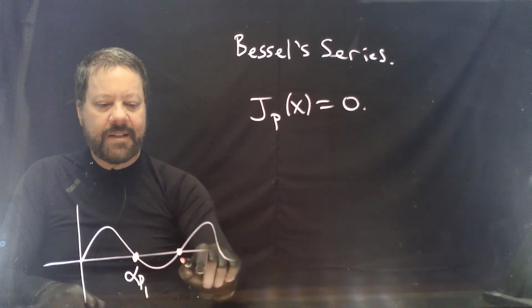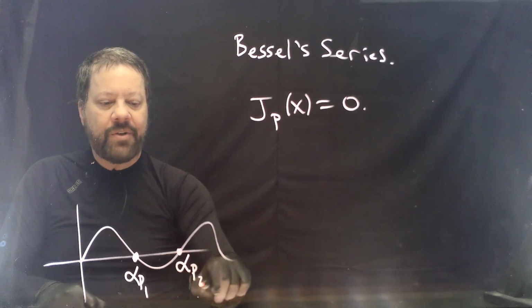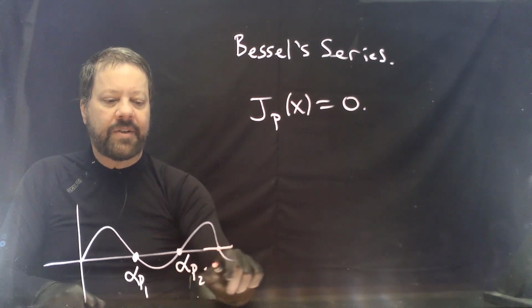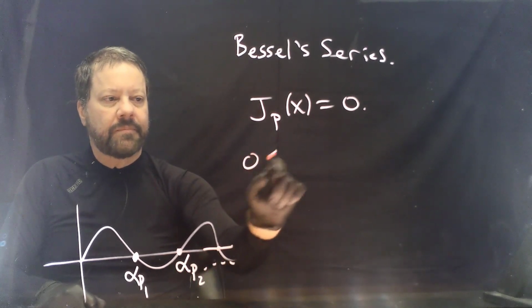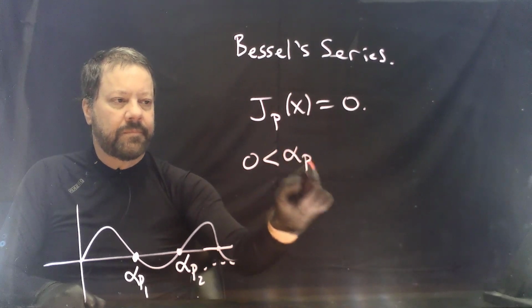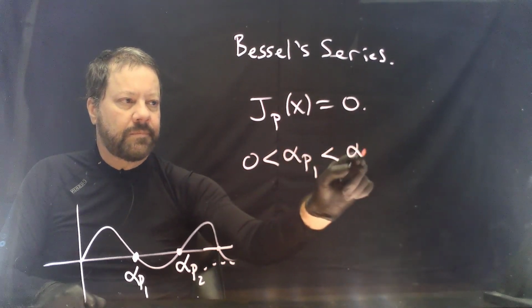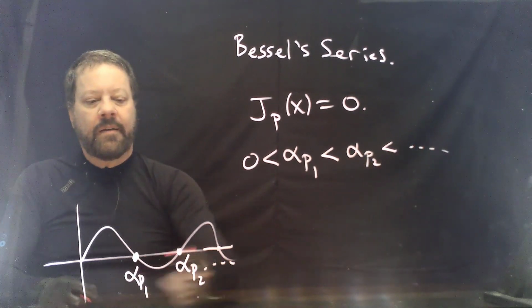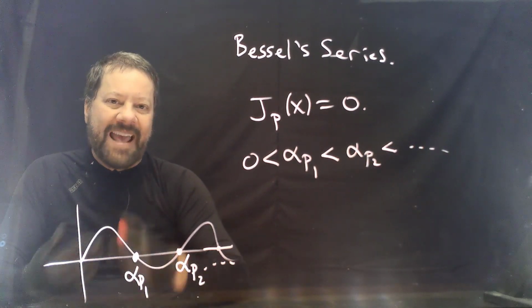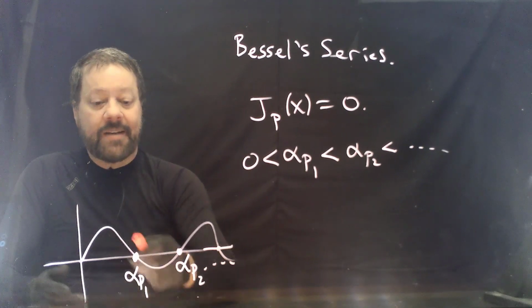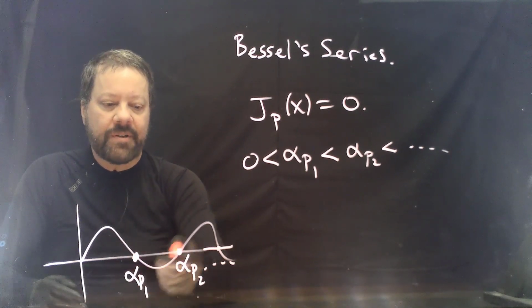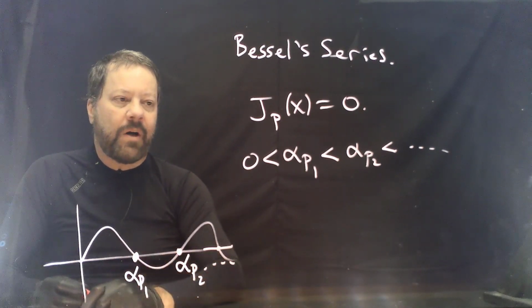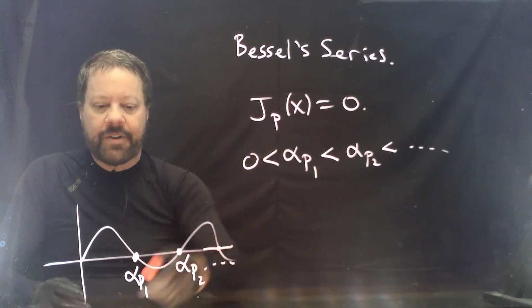The second place that crosses will be alpha p2, and so on. And we won't have an analytic way of expressing these, other than these are the first root, second root, and so on of the Bessel's J function of order p.